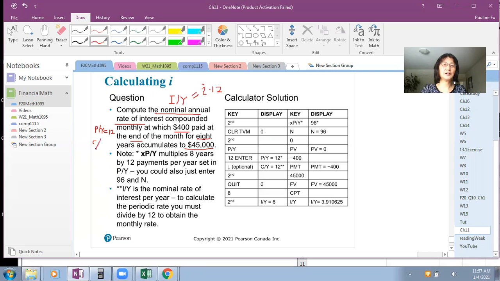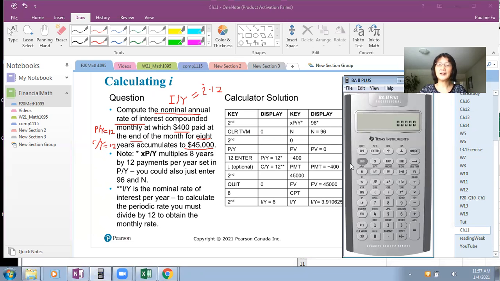CY is 12 because interest is compounded monthly. So set up PY and CY. Second, PY. PY is already 12. CY is 12, so you don't do anything. Second, quit.